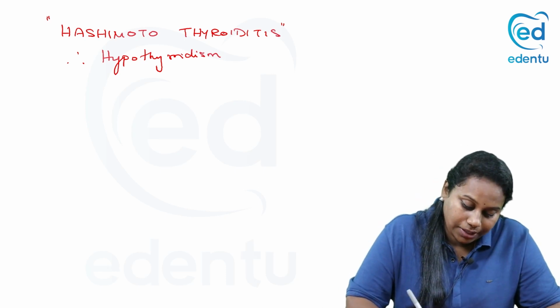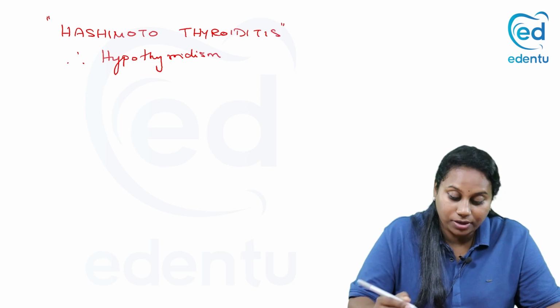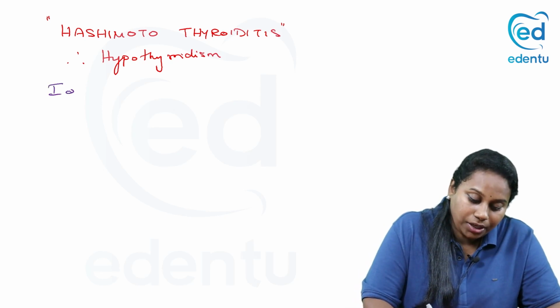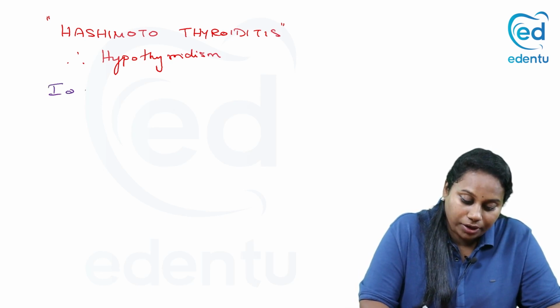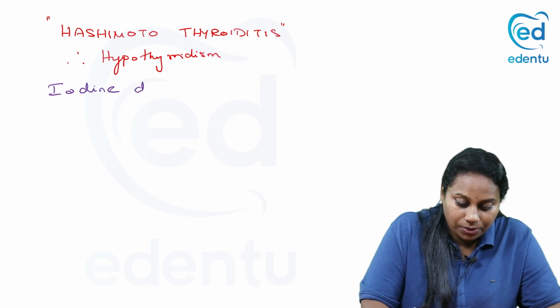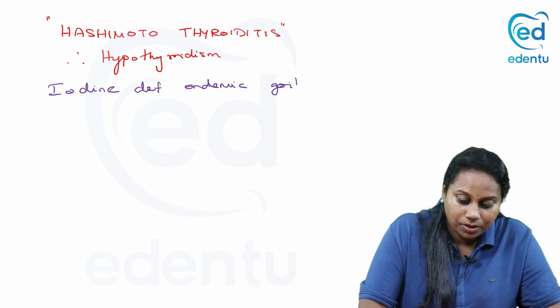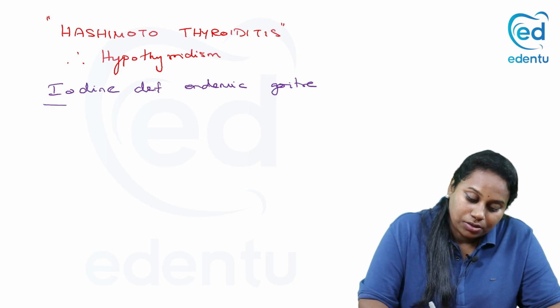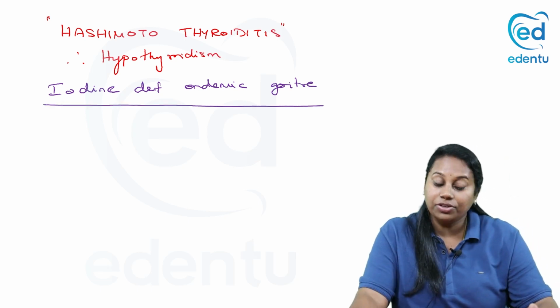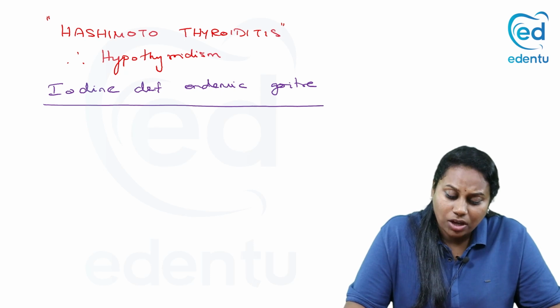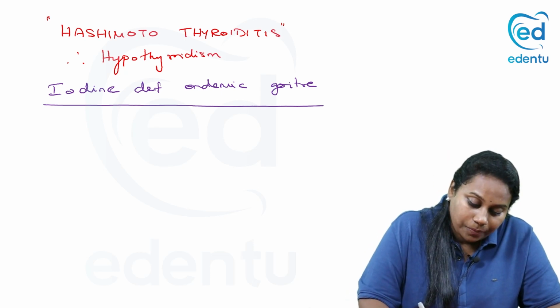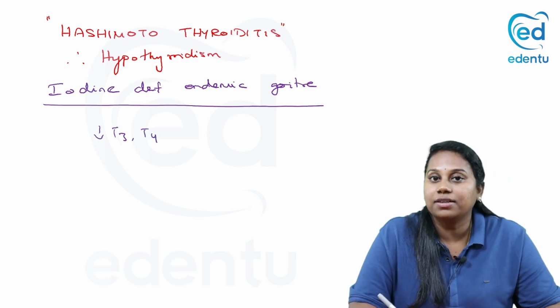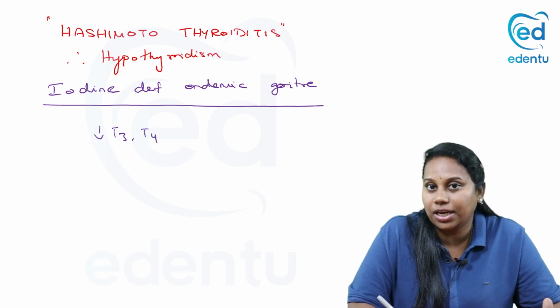One other clinical presentation of thyroid disorder is iodine deficiency goiter, or iodine deficiency endemic goiter. This happens because of deficiency of iodine. When you have deficiency of iodine, there is decreased production of T3 and T4 because iodine is the raw material for synthesis of T3 and T4.